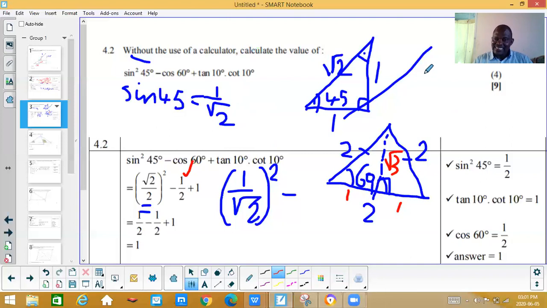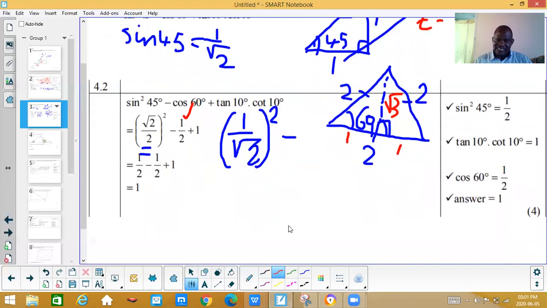If it is tan 10 degrees, you know that since they are saying without using a calculator, remember you are not supposed to use a calculator. Tan 10 degrees is sine over cosine.